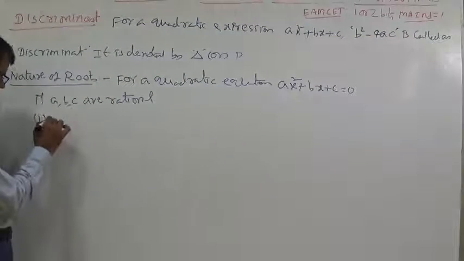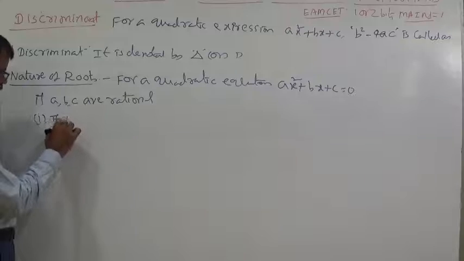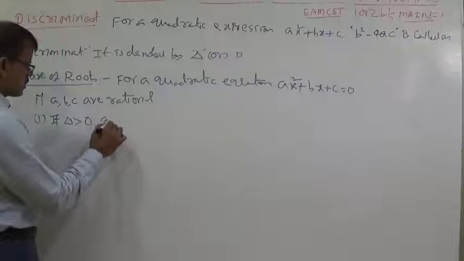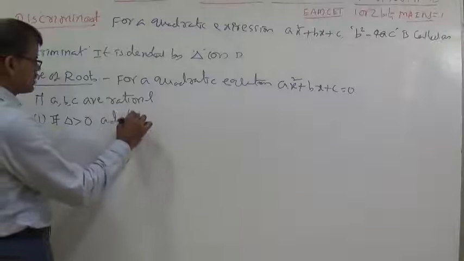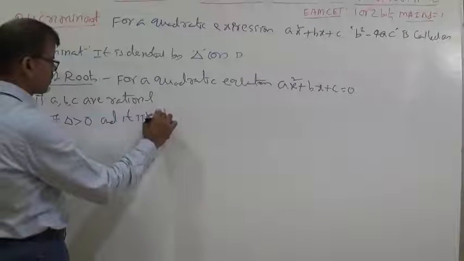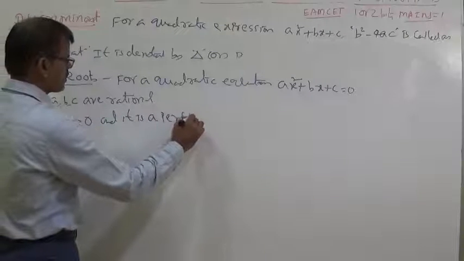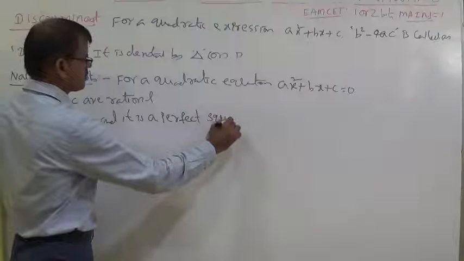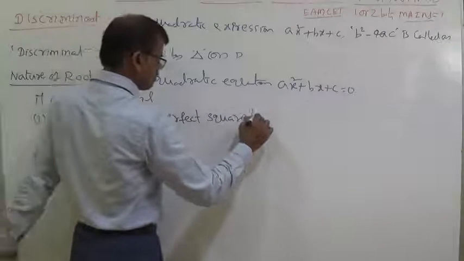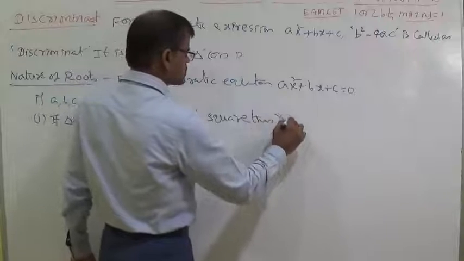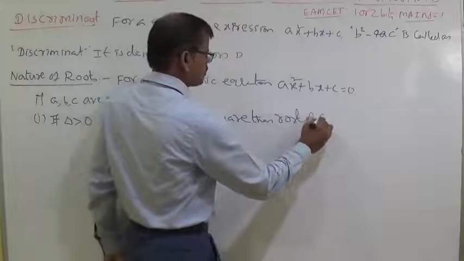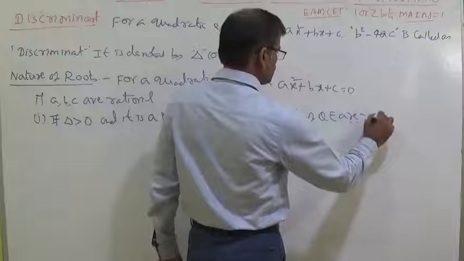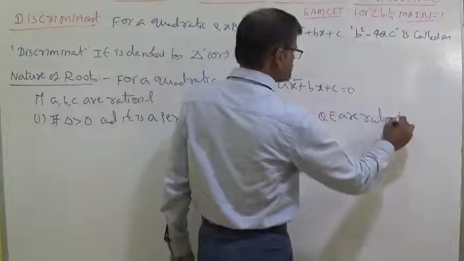Now write like this. If delta greater than 0 and it is a perfect square, then roots of QE are rational and distinct.